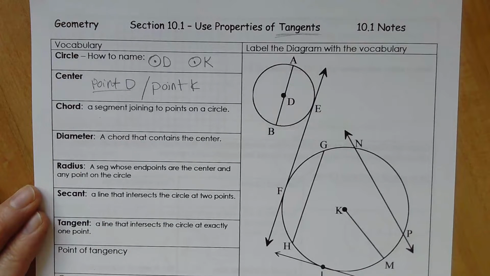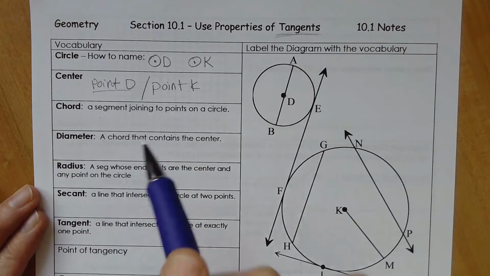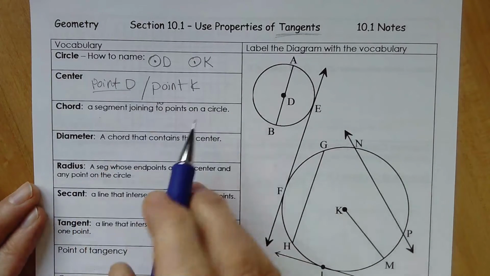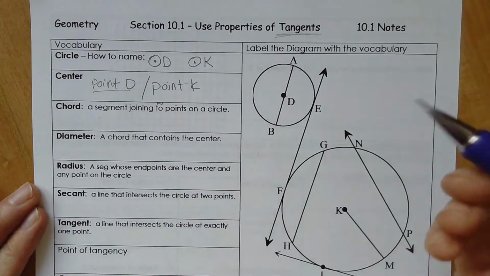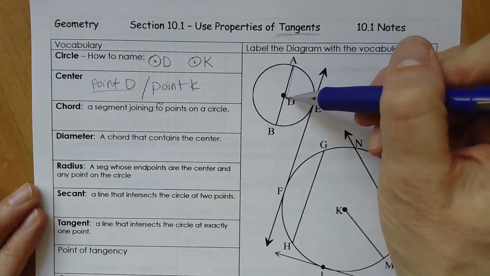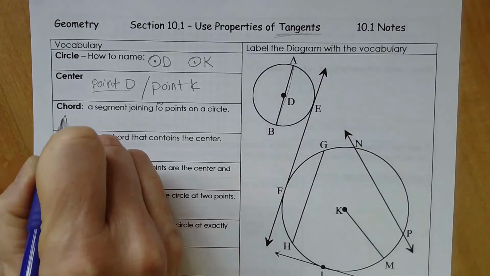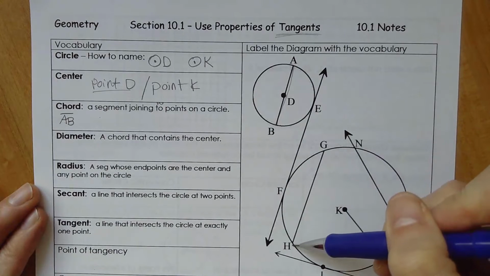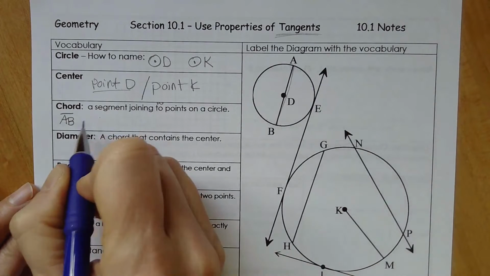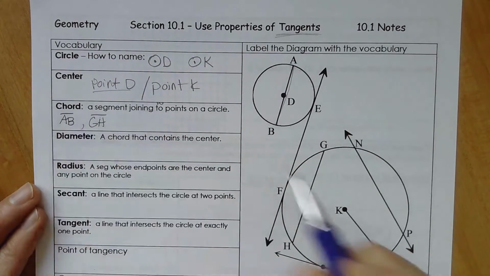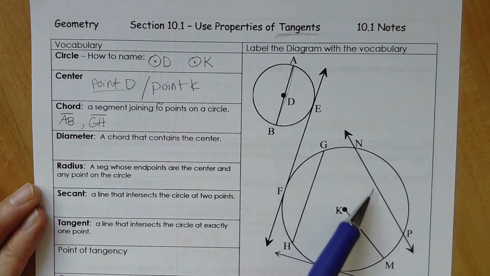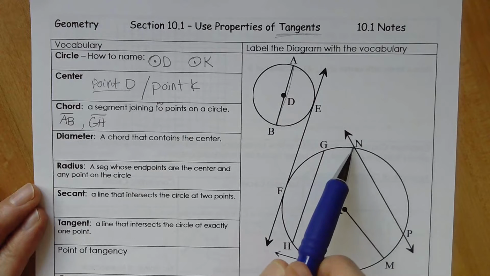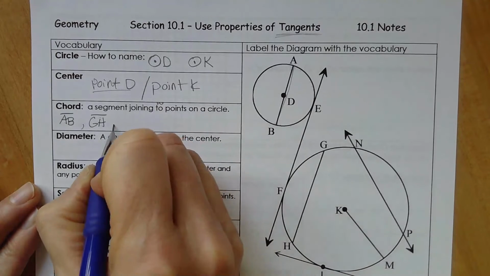A chord is a segment joining two points on a circle. So AB is a chord. GH is a chord. And even though this is drawn as a line that goes outside the circle, from N to P is a chord.